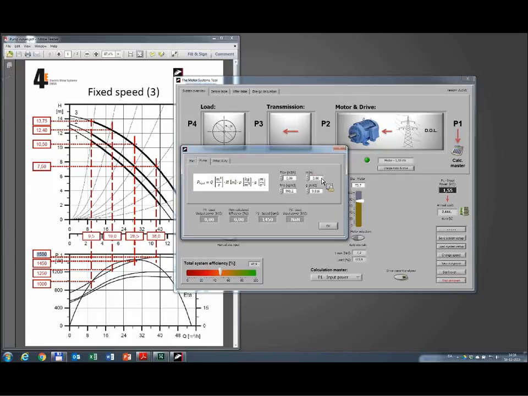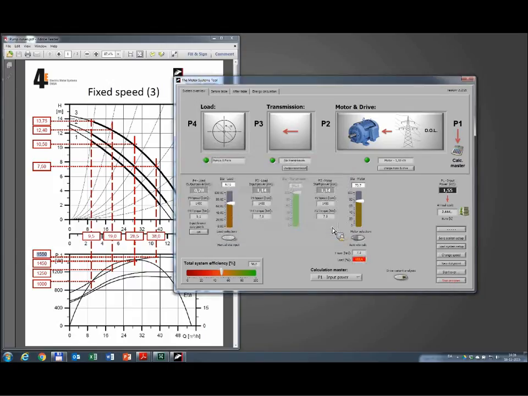For the first duty point, we have 7.5 meters of head, and we have a flow of 38 cubic meters per hour. When we put these two numbers in, the program automatically calculates the hydraulic power, and when the input power is known, efficiency is quite easy to calculate, in this case 68%.